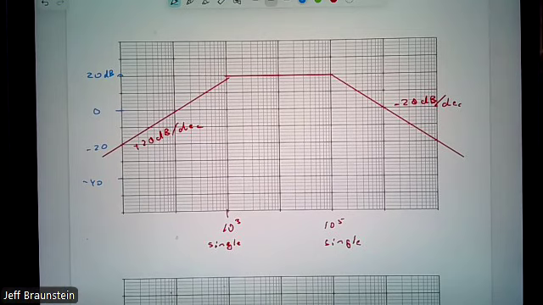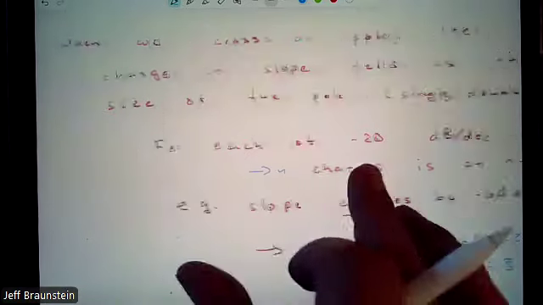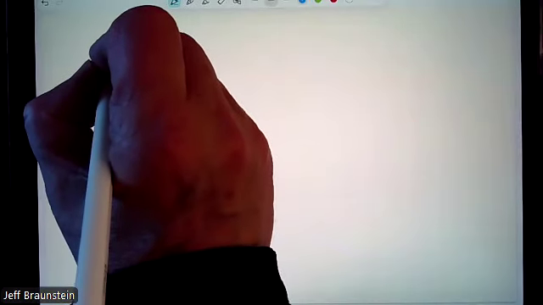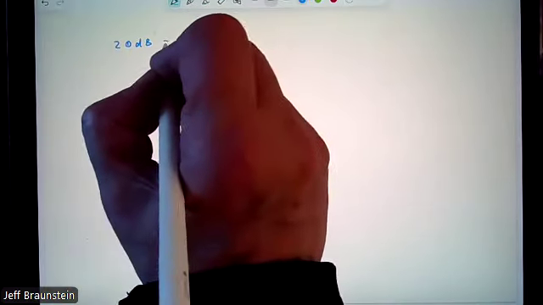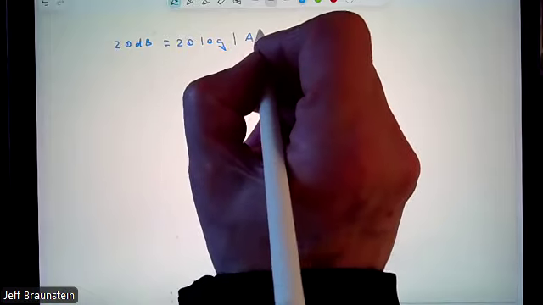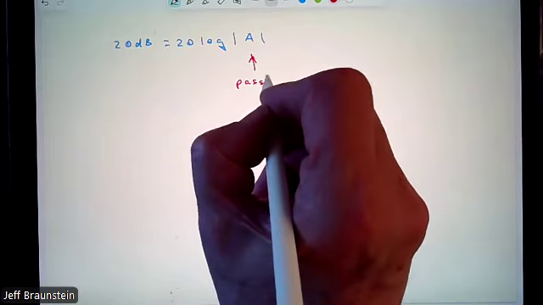And so we've had some practice with that, talked about it a bit in class. We know in order to get that gain, we can translate back: 20 dB equals 20 log of some A term. There is our passband gain.